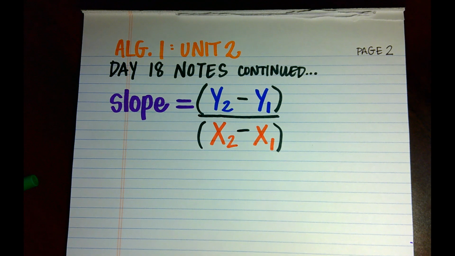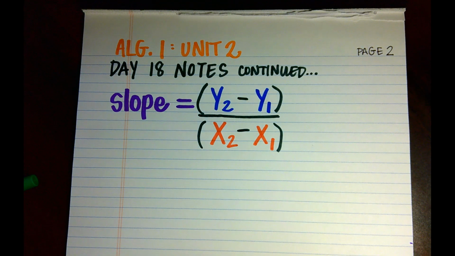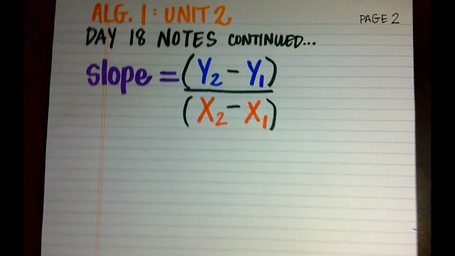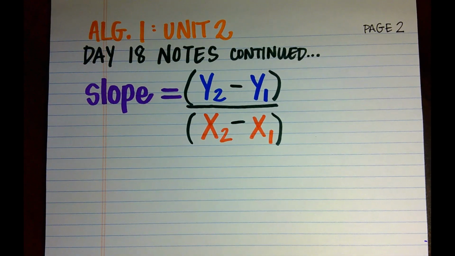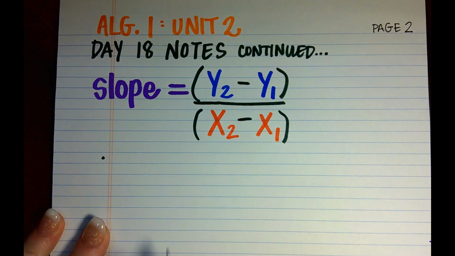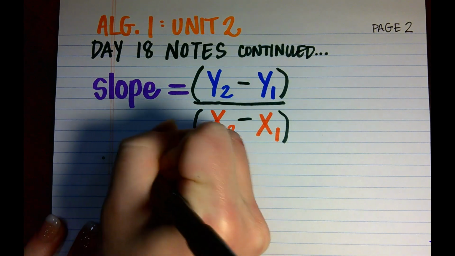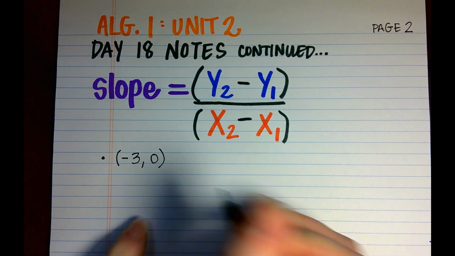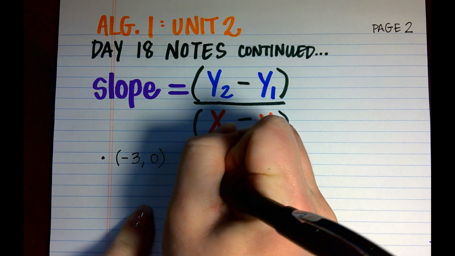Here's our formula again. I'm going to continue giving us coordinates from our do now. So on number 2 on the do now, we have the coordinates -3, 0, and 2, 5.